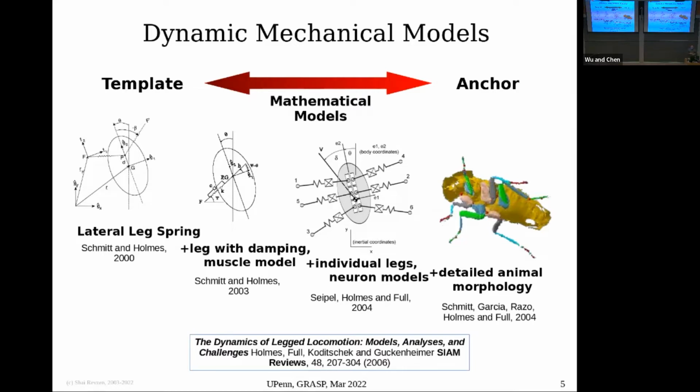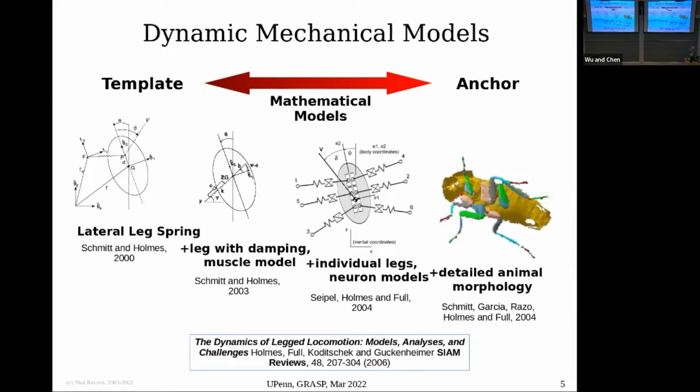Or we can go all the way to abstracted spring mass systems like the lateral leg spring. This sort of range is called going from templates to anchors, templates being the abstracted models and anchors being more strongly tied to the morphology and the specifics.